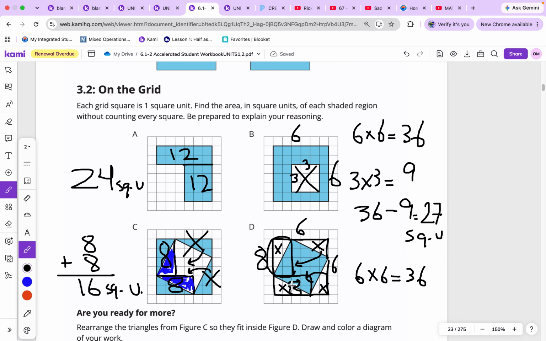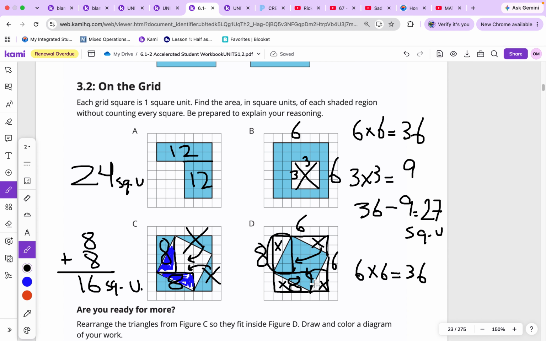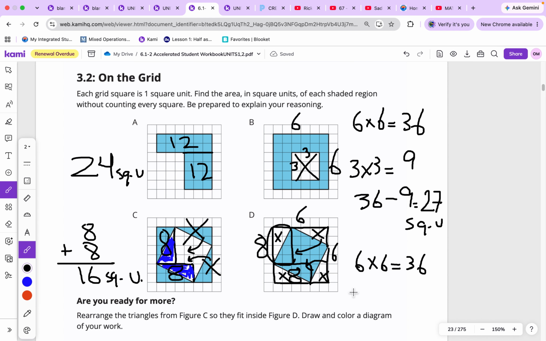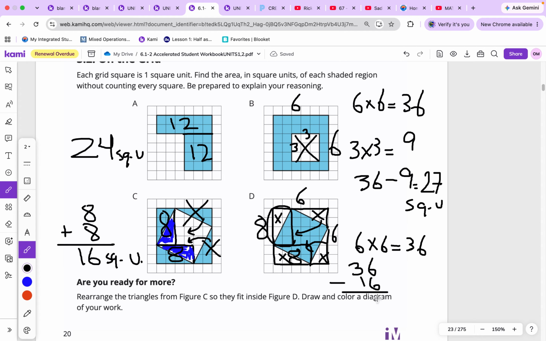So that would be 16. Then I can subtract that from the entire giant square. I can say 36 minus 16, and that way I get 20. So 20 square units.